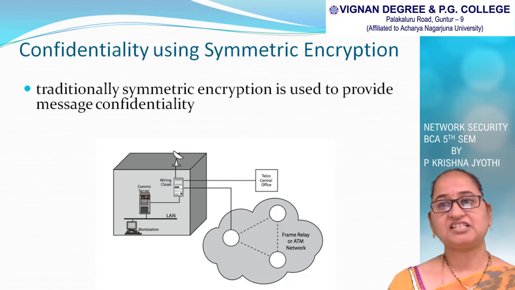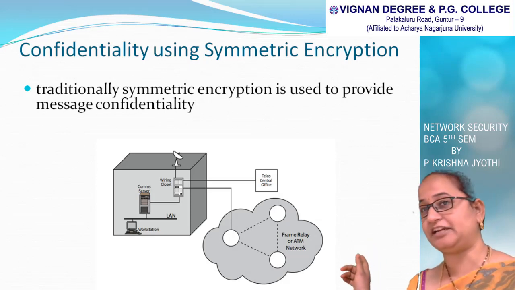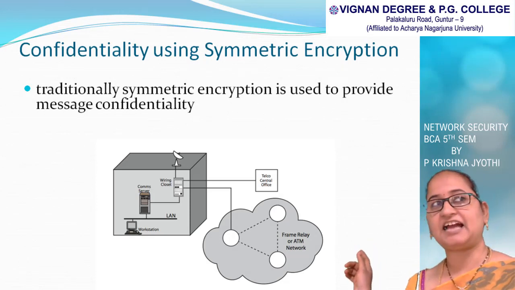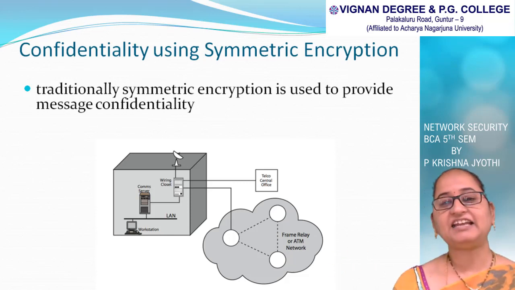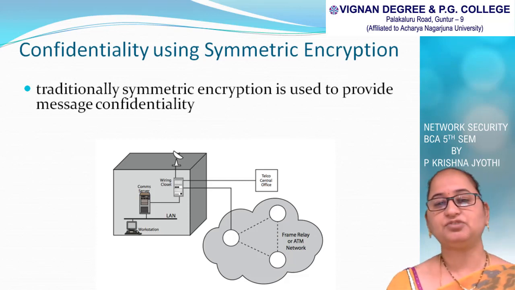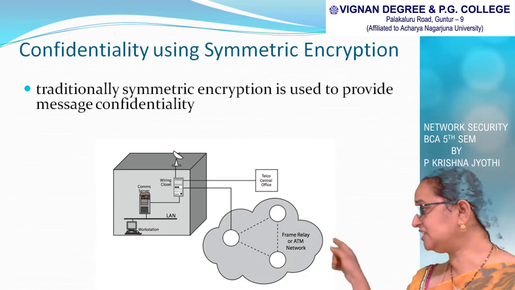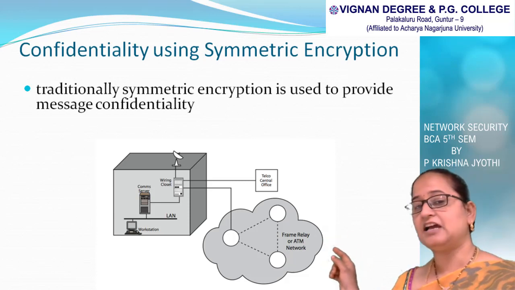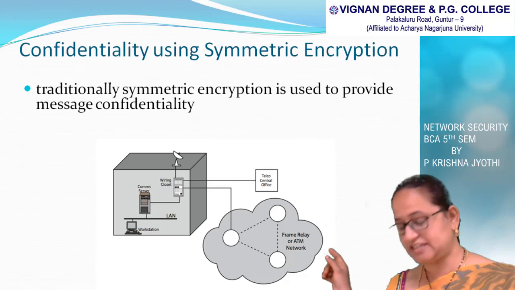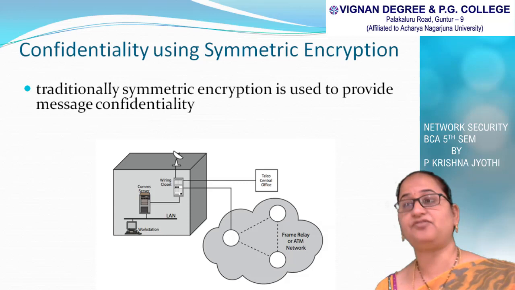Since all the workstations are connected to the LAN, the LAN itself is a place of vulnerability. The first point is the LAN itself. Next, this LAN is connected to the communication server, as mentioned in the diagram.